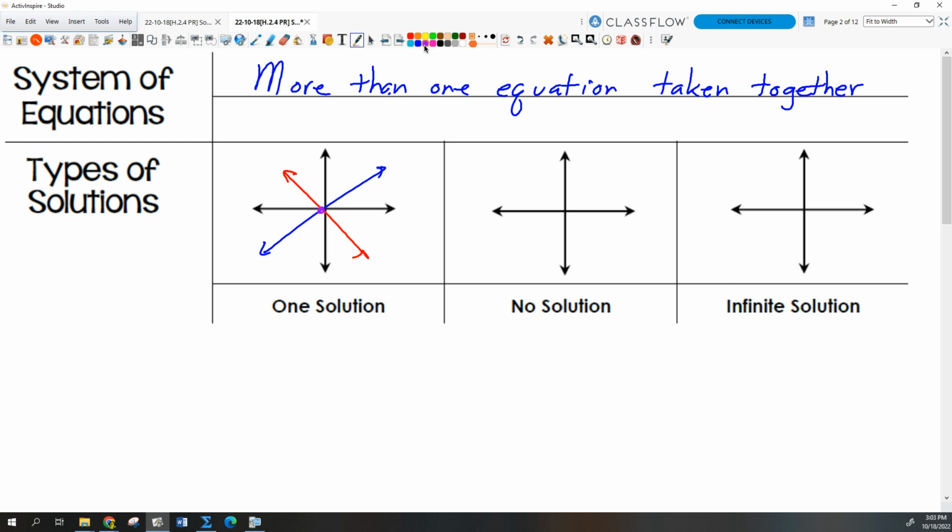Okay, how could I get a system of linear equations, I'm looking at the graphs now, where I have no solutions? Parallel. Okay, if they're parallel. Yeah, they never cross. Okay, so I could do something like that. How could I have an infinite number of solutions? Oh, if the lines overlap completely. Okay, so I have something like this.